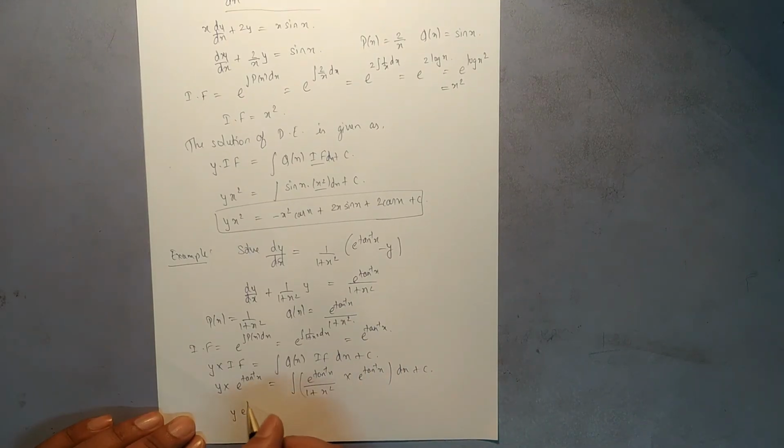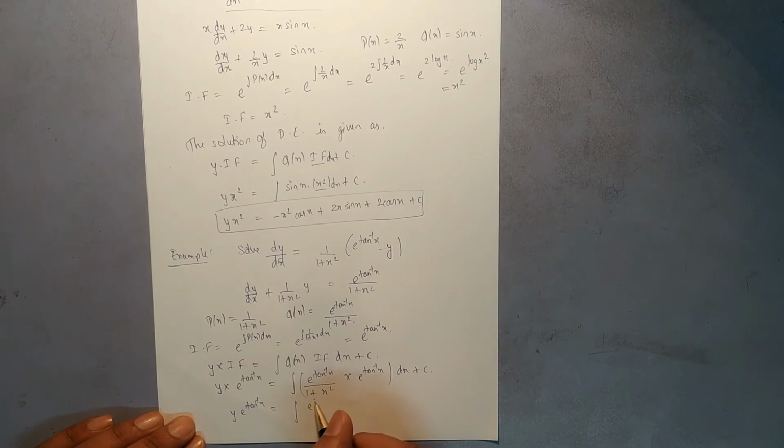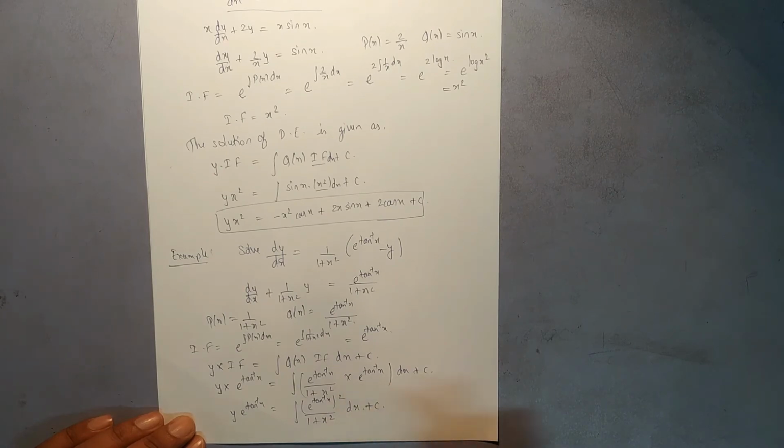So y e raised to tan inverse of x is equal to integration of e raised to tan inverse of x, its whole square, upon 1 plus x square dx plus c.